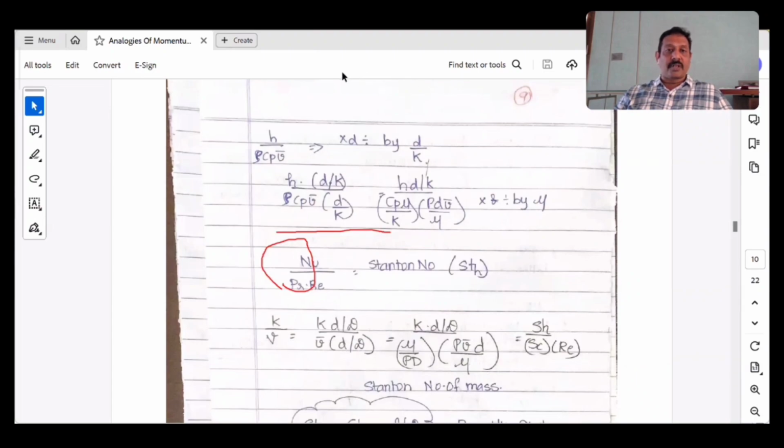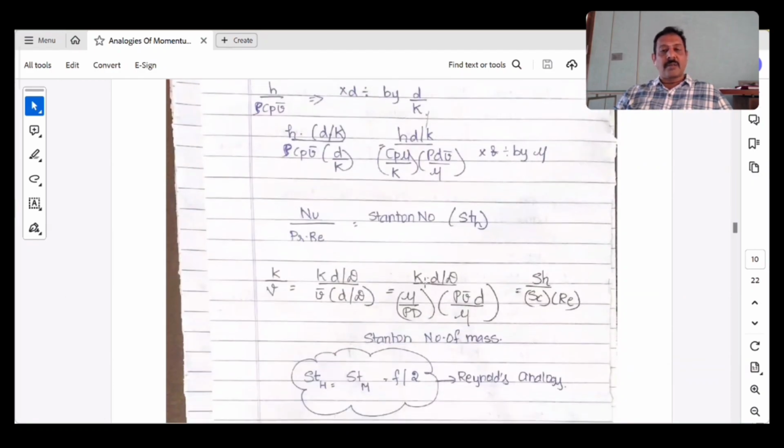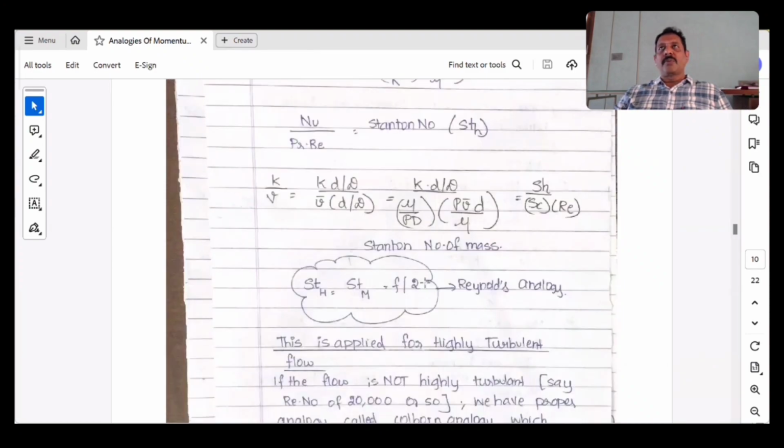Stanton number for heat is Nu by Re into Pr. Stanton number for mass is Sherwood number divided by Reynolds number into Schmidt number, Sh by Sc Re.